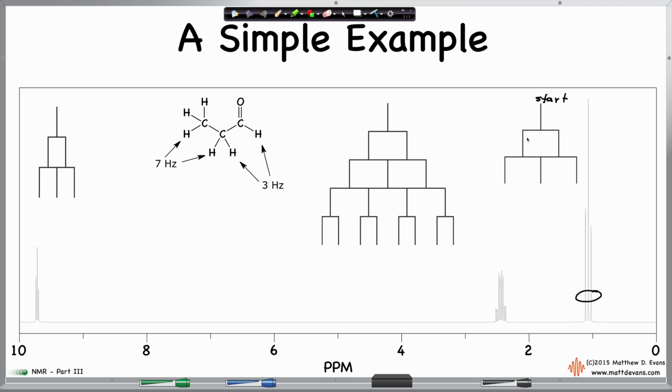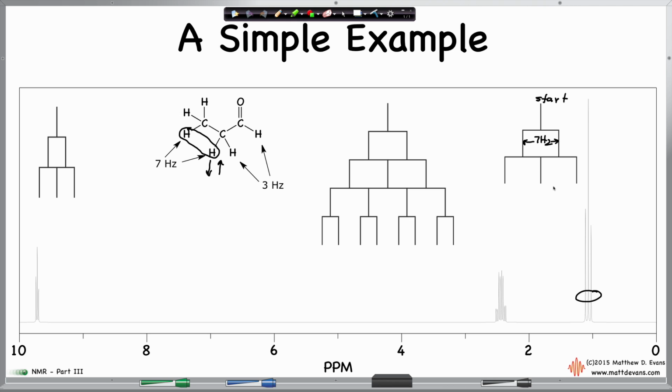The first thing that you do is look at the coupling between these 2 hydrogens right here. We talked about this in part 2. This hydrogen at any given time can be spin down or spin up, and that represents a 7 hertz difference in the shift value.